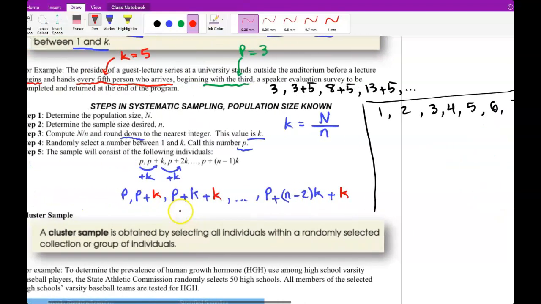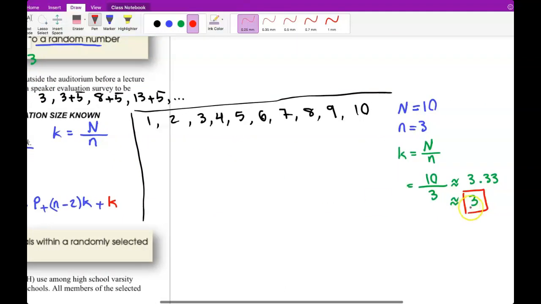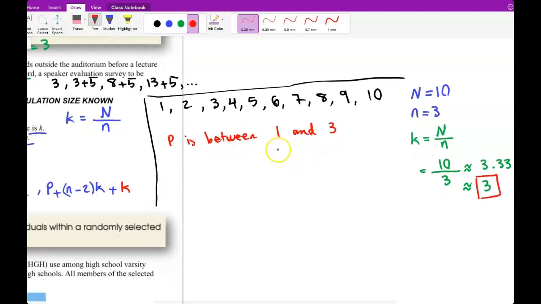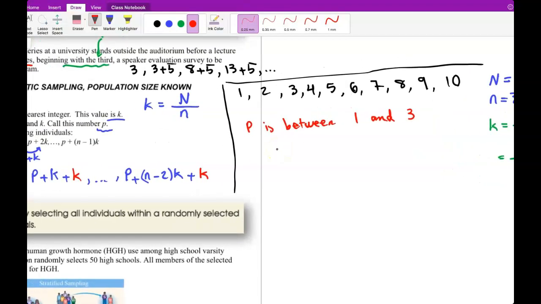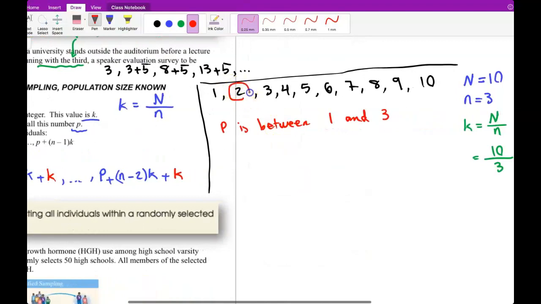And then we should select P. So randomly select a number between 1 and K. Here K is 3. So P is between 1 and 3. Let's choose 2. So P is 2, and that is our starting point.